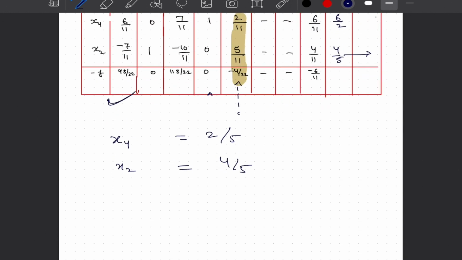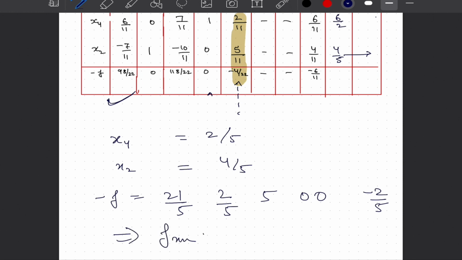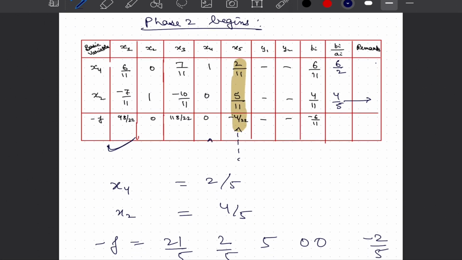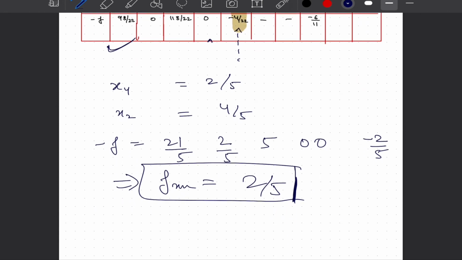After updating this tableau, the coefficients of f come out to be 21 by 5, 2 by 5, 5, 0, 0, minus 2 by 5, which implies f min should be equal to 2 by 5. And from here, once we enter simplex phase 2, this is exactly a replica of the processes we have discussed.